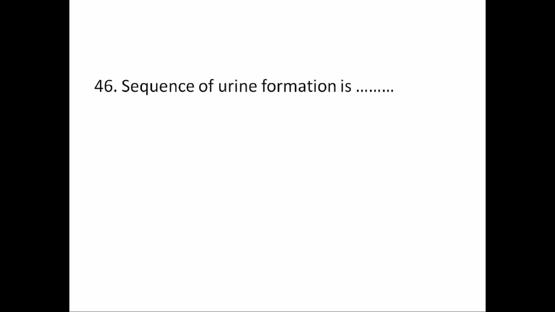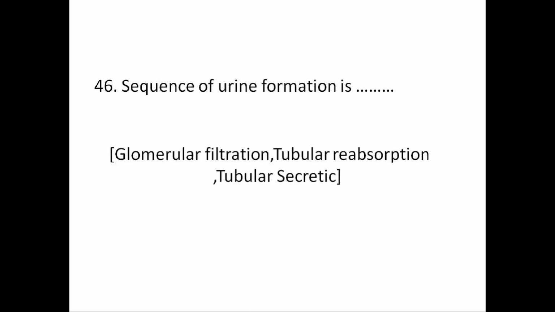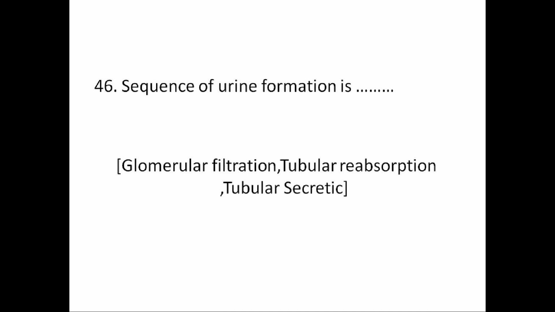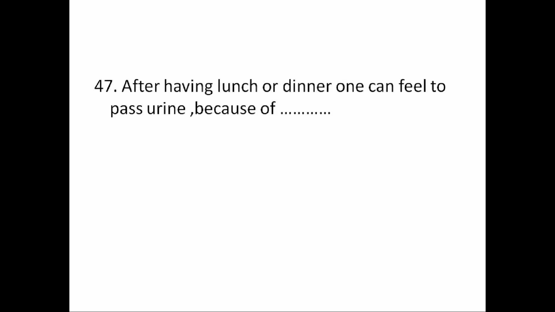Sequence of urine formation is glomerular filtration, tubular reabsorption, and tubular secretion. After having lunch or dinner, one can feel the need to pass urine because of water content in food material.